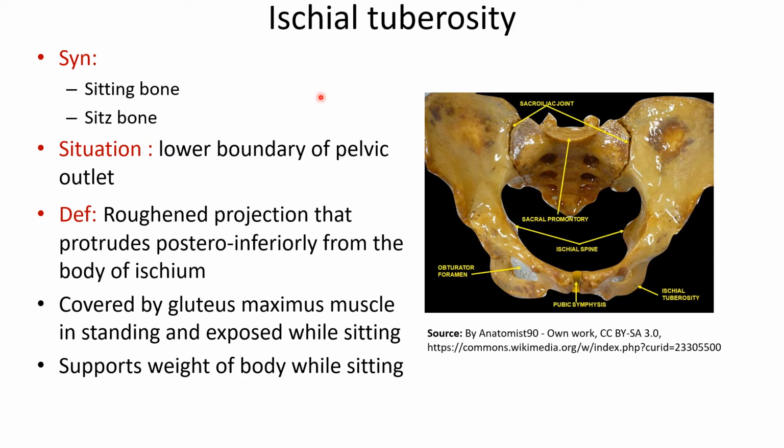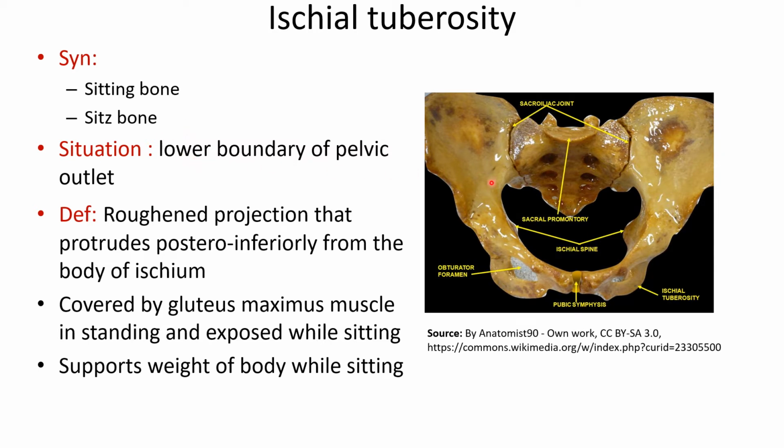That is called a sidge bath, and one will be sitting with the ischial tuberosity on the surface. This is called the sidge bone also because it is coming in contact with the basin when one is taking a sidge bath.